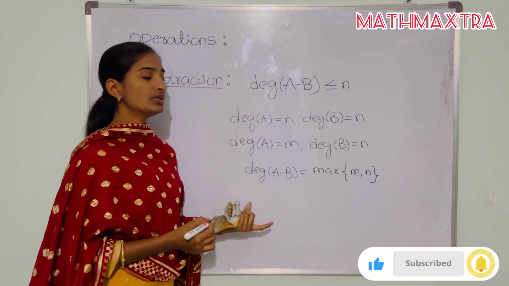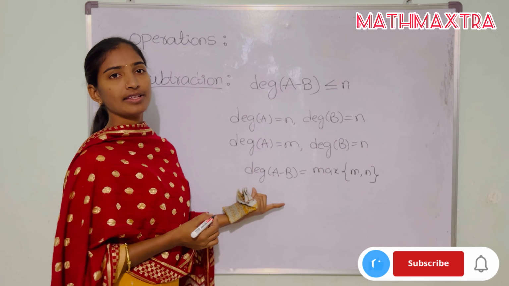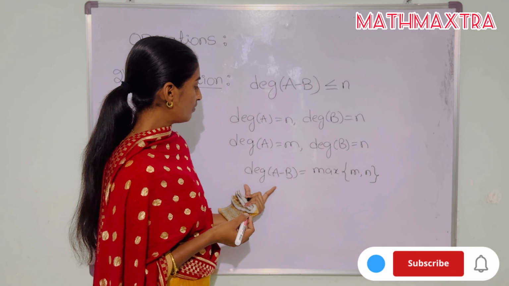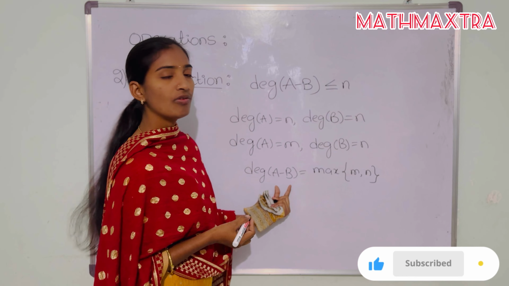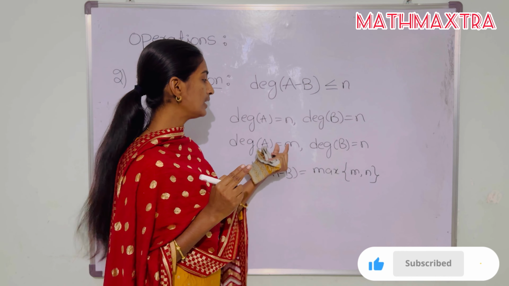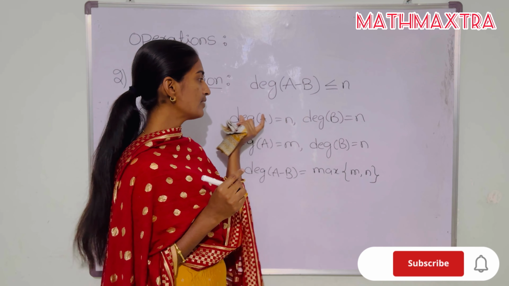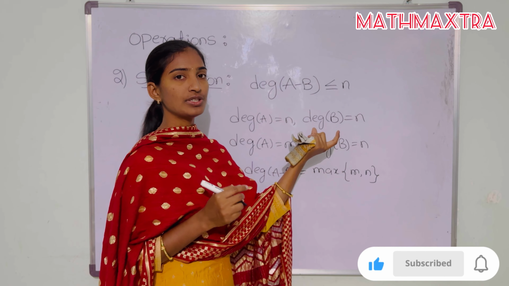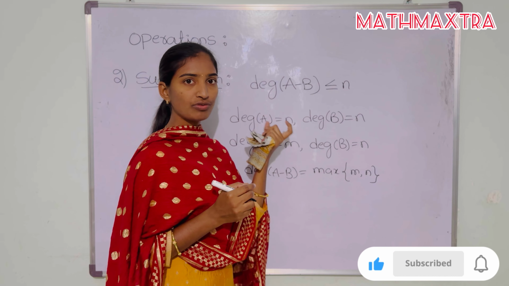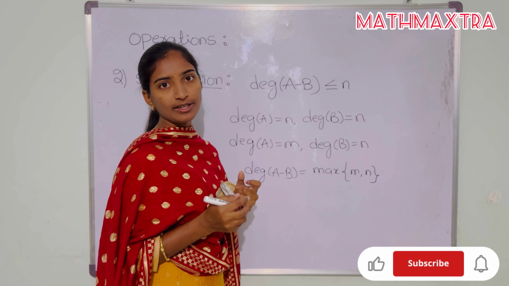So this is the same as in the case of addition. So we can define the degree of the subtraction of two algebraic expressions when the degrees are different. If we have same degree algebraic expressions, then the degree of the subtraction of two algebraic expressions cannot be determined.